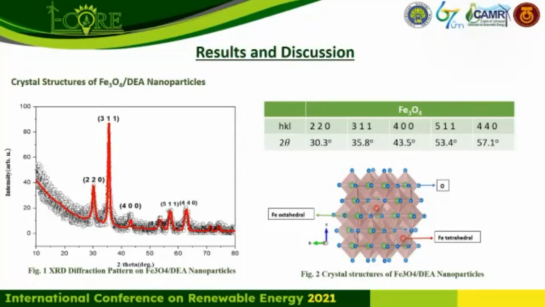Based on the results of refining, the lattice parameter values and crystal volume were identified from the experiment data, namely 8.36 Armstrong and 584.28 Armstrong cubic, respectively. Furthermore, through the refining step, a particle size of 30.3 nanometers was obtained. The results indicate the use of diethylamine as a surfactant has succeeded in reducing the particle size of magnetite.